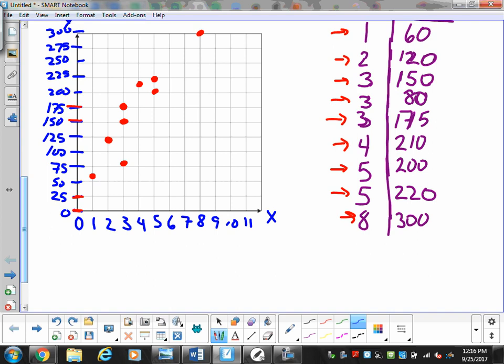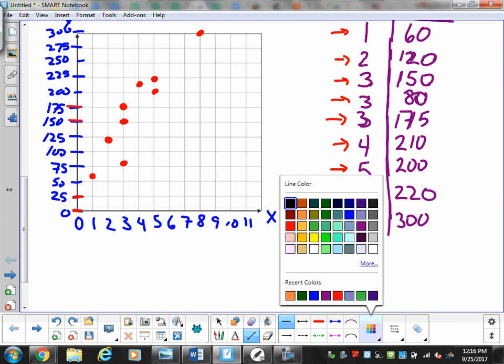So the first thing it'll ask you to do is to make a scatter plot. But there's another piece that it's going to ask you about also. It's going to ask you to find an equation for the line of best fit. And so here's kind of the way I want to do this line of best fit. I'm going to draw 3 or 4 lines up here, and we're going to talk about which one works the best.